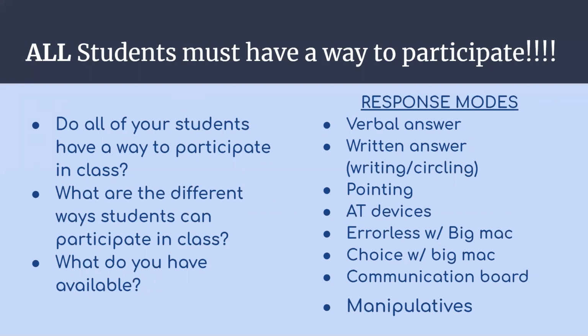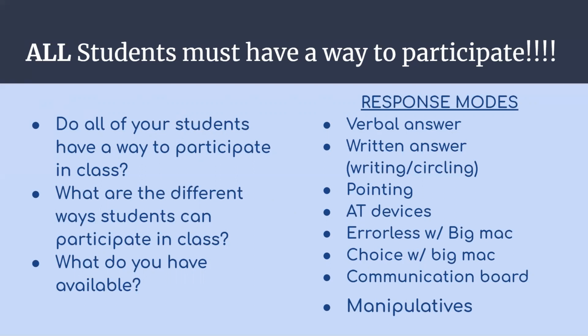Some of the different response modes that they can use are verbally answering. They can write, whether it's writing or circling, or point. A lot of our students have AT devices assigned to them that they can use to communicate and participate. Sometimes it might be a pre-programmed Big Mac switch that's errorless. The answer is there for them to touch.